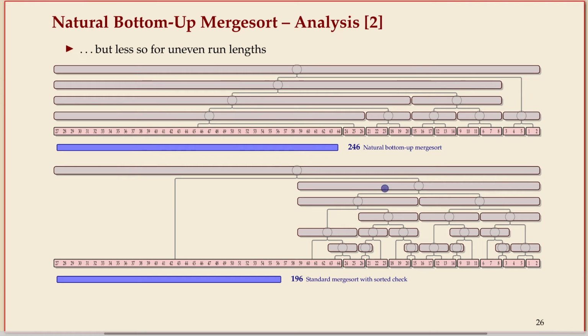It does some more interesting things on the right, but then this long run is only merged once. Okay, so it looks like both of the approaches, taking simple variants of merge sort, don't quite always work. They both have their cases where they're fine, but then others where they're not so effective.